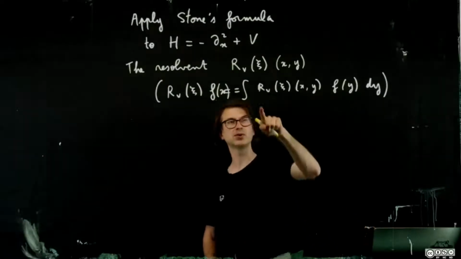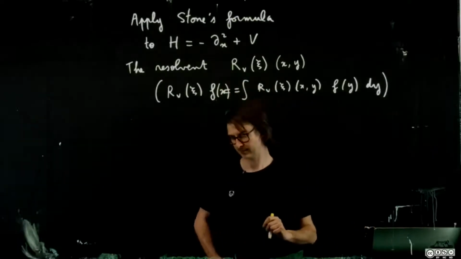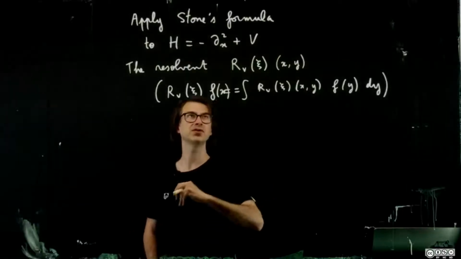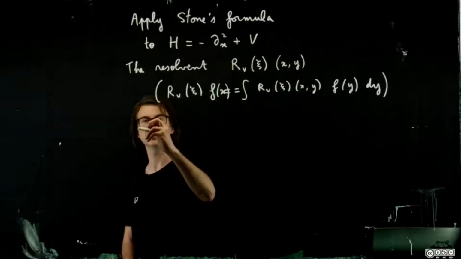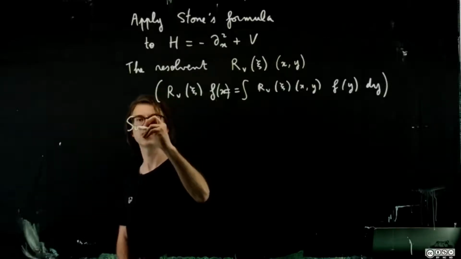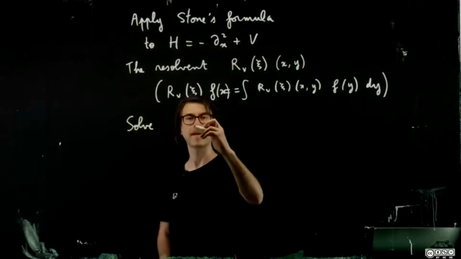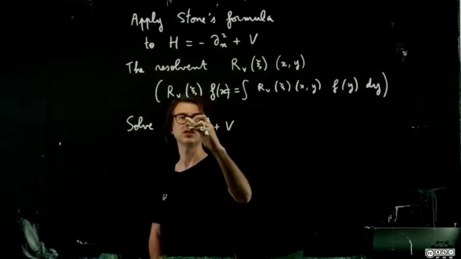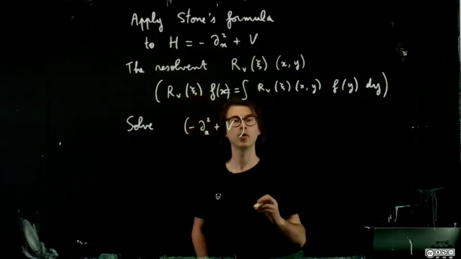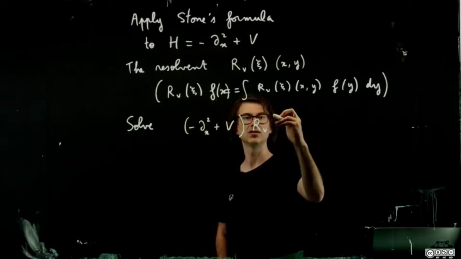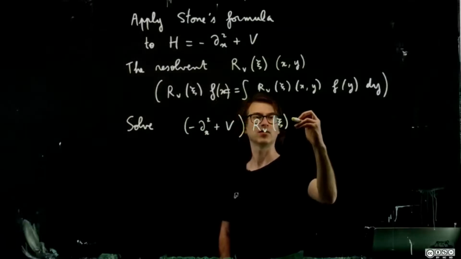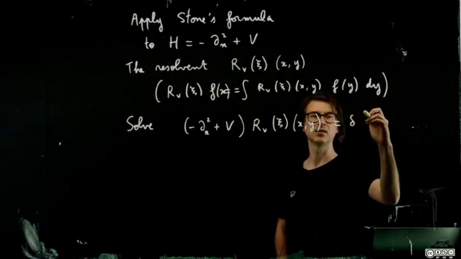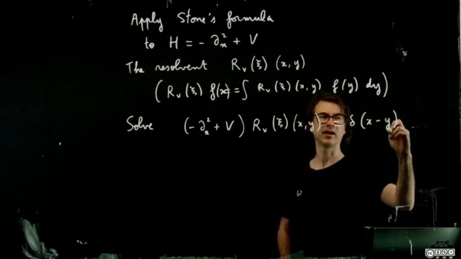Okay, so we'd like to compute this object, the resolvent. To compute it, what we need to solve, in the sense of distributions, is minus dx squared plus v minus xi applied to Rv of xi of xy equals delta of x minus y.